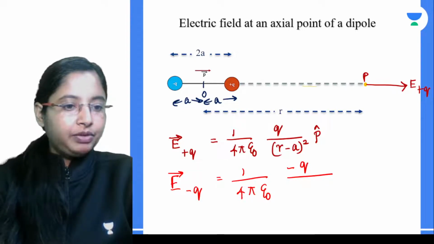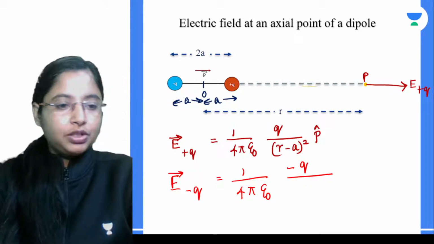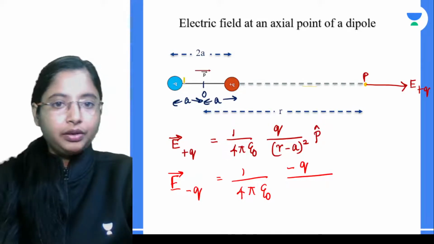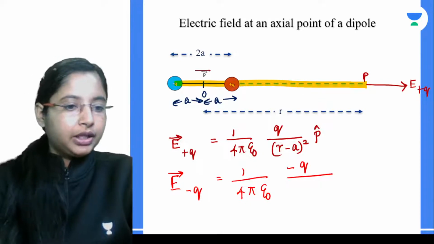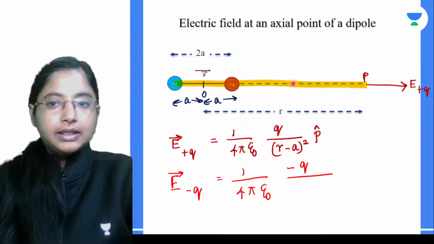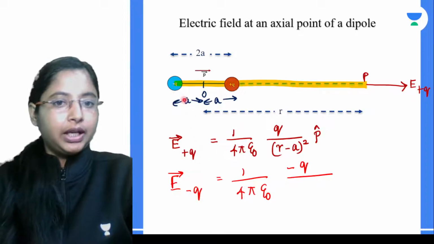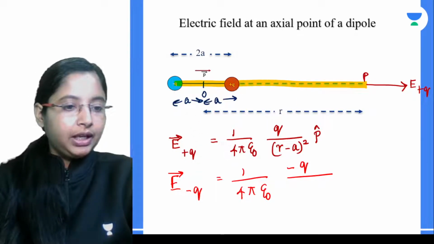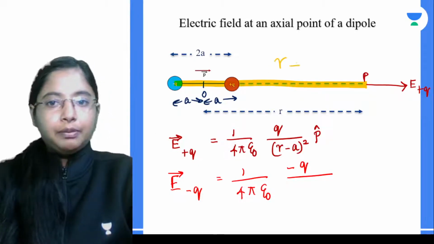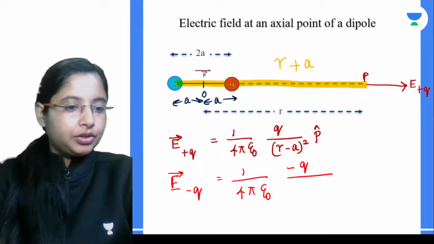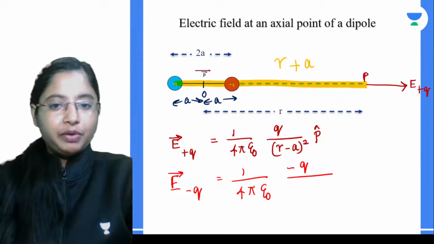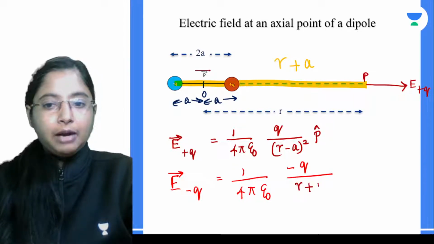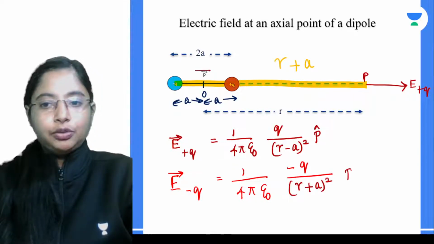The distance from this point to the charge: this distance is r and this distance is a, so the entire distance will be r plus a. Substituting that in the electric field equation, E is equal to 1 by 4 pi epsilon naught, minus q divided by r plus a the whole square, into p cap.